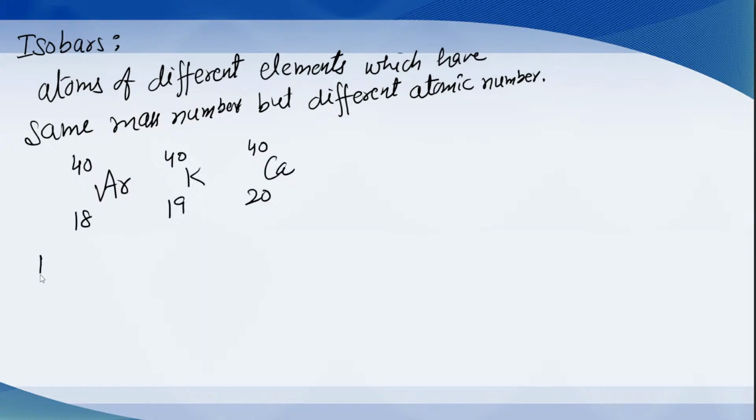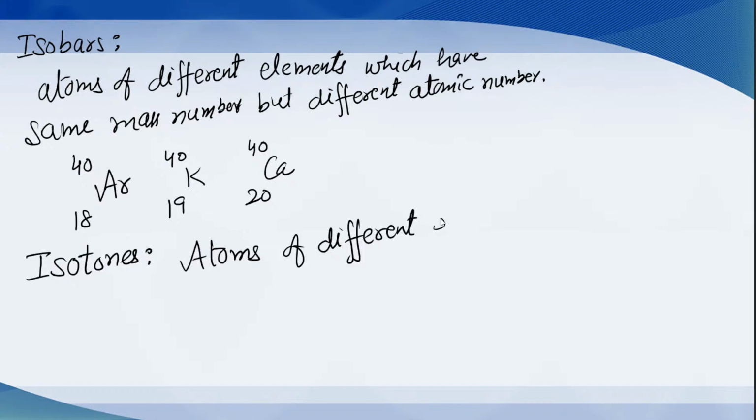And the last one is isotones. Isotones are also atoms of different elements containing the same number of neutrons.